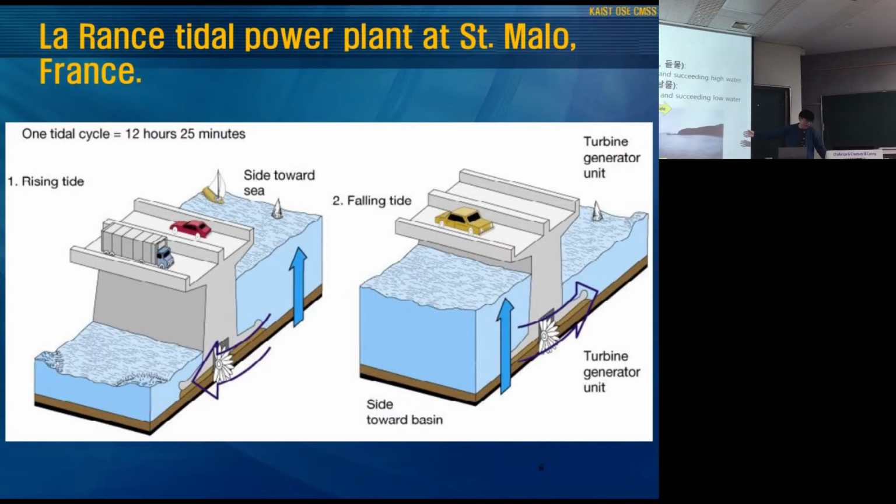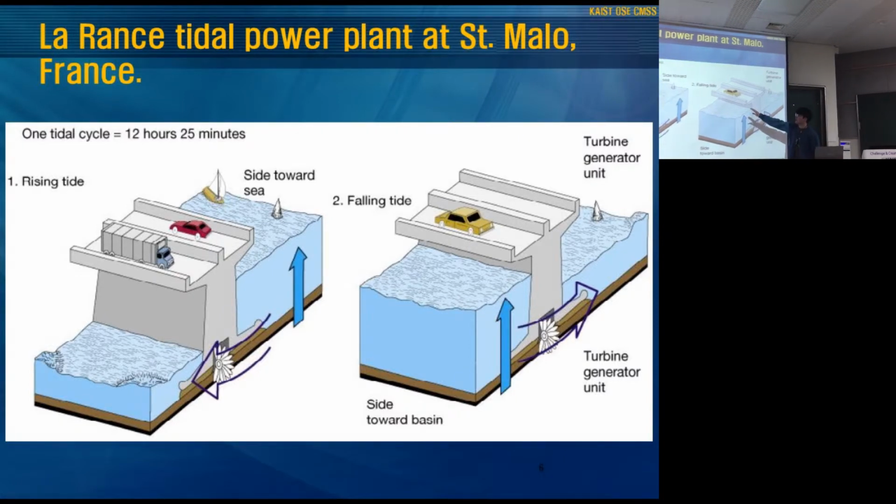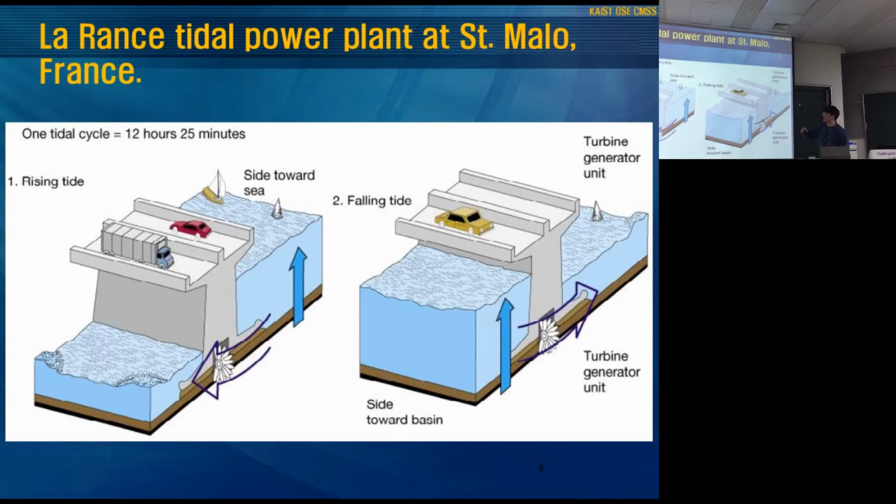Considering we have a flood tide at some point, we block the passage, and then we have considerably higher tide at the inside and lower tide at the outside.